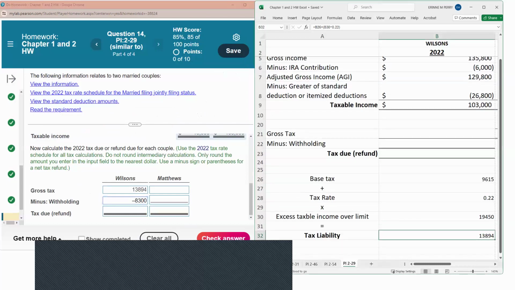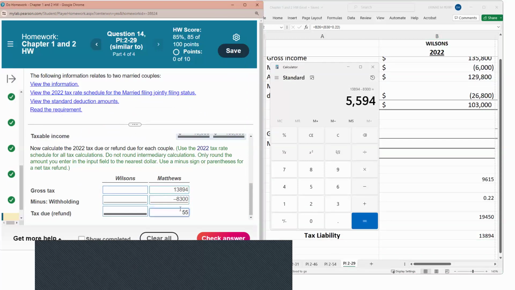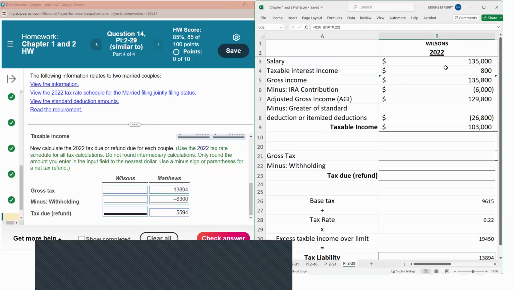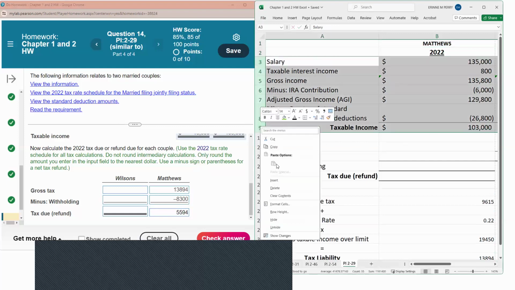So therefore, the amount that is owed is $13,894 minus $8,300. Therefore, they have a balance due of $5,594. So this is for the Matthews. We just calculated it for the Matthews.